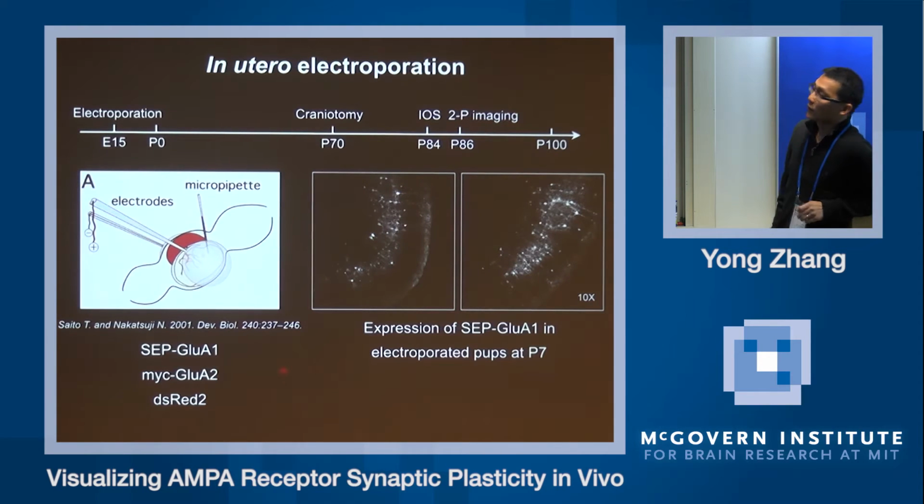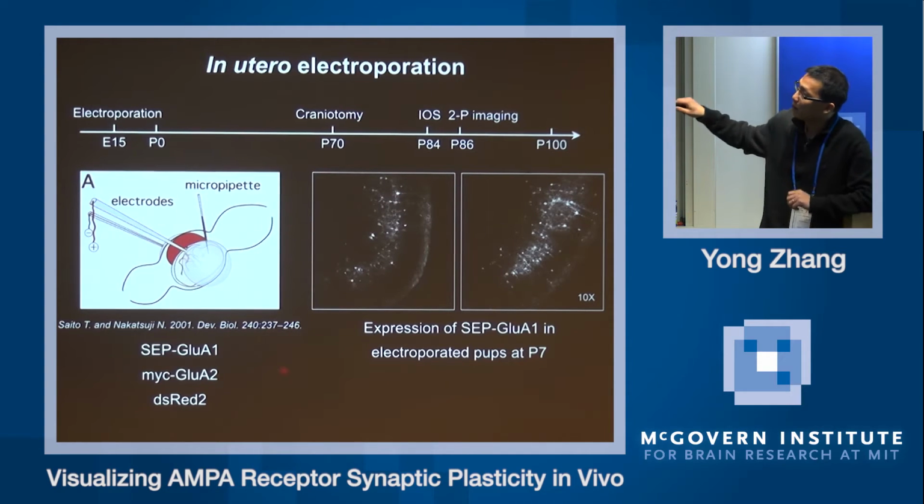So this slide shows how in utero electroporation works. In utero electroporation was pioneered by a Japanese group about 15 years ago. With this method, you inject the DNA of interest into the lateral ventricle at a certain developmental age of the embryo. Then you use this type of electrode to deliver an electric pulse, which will pull the DNA of interest into the neuronal progenitor cells lining the edge of the lateral ventricle.